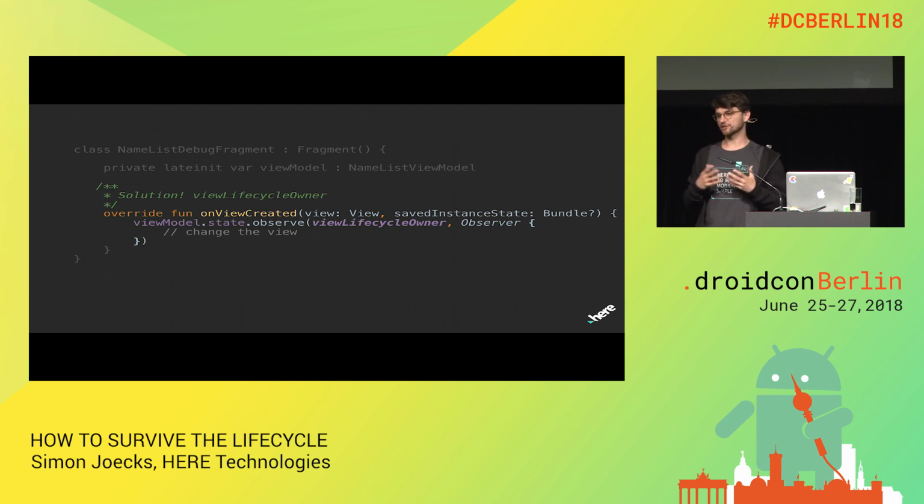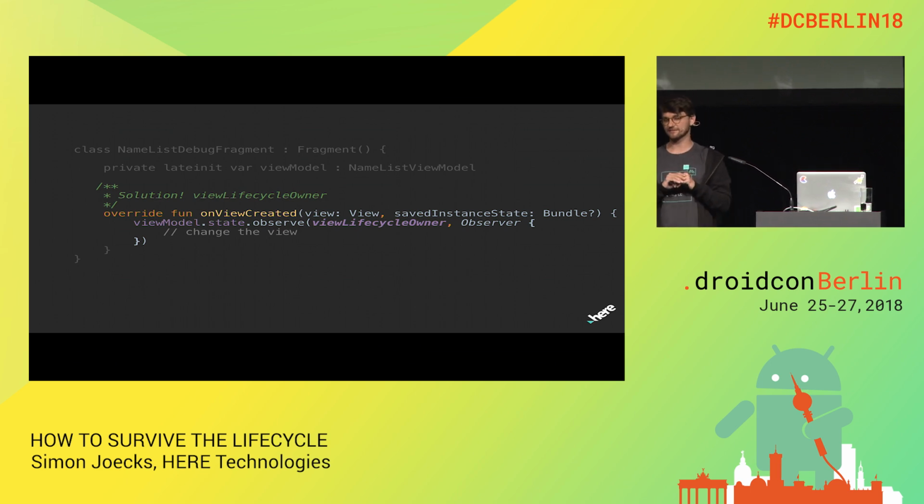And with this one, you're totally safe, because when the view is going to be destroyed, this is going to be marked as destroyed, and the observer is going to be removed automatically. So you have, again, your beautiful setup. You don't have to do any additional remove code. And the architecture components are coming back to their promise to be very simple and help you with application development.